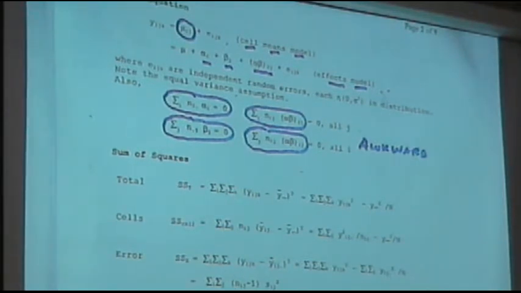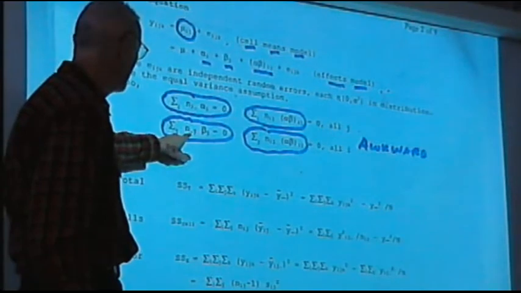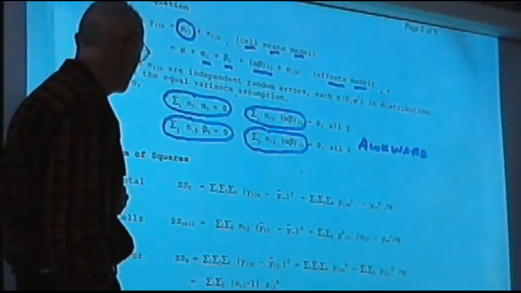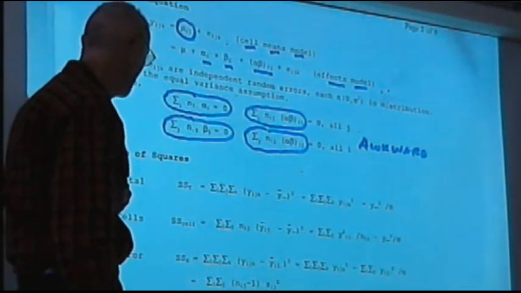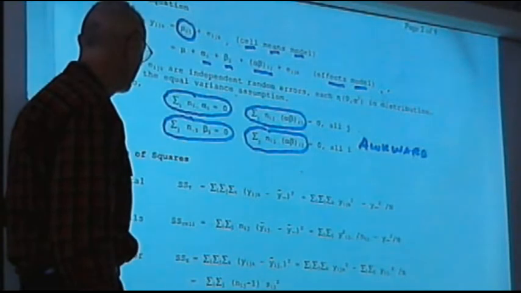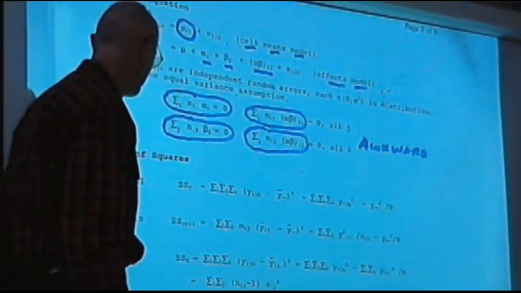The parameters in the effects model are dependent on the sizes of the sample. That's what I'm saying, to me, is an awkwardness. But there's some reasons for these side conditions that we're not going to need to get into, but let's just leave them there as the standard side conditions for this problem.